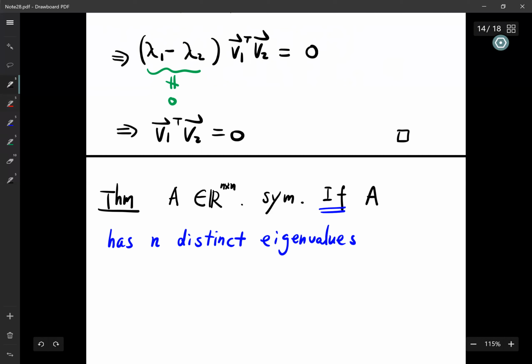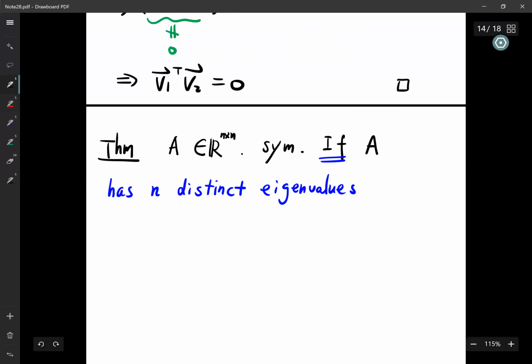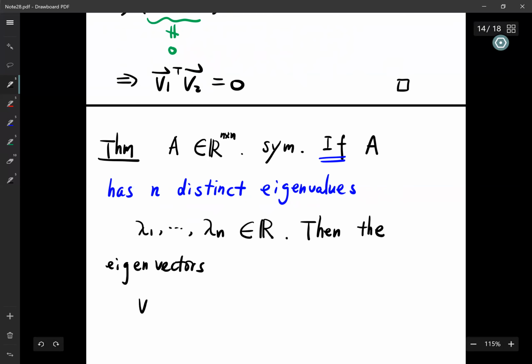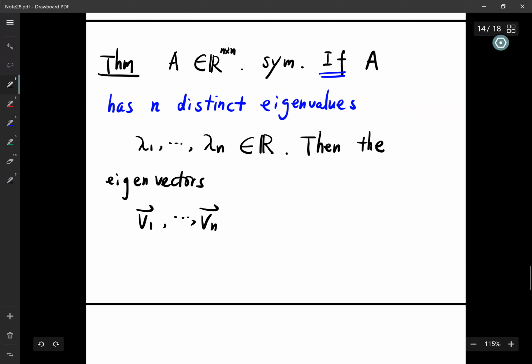I said if, I'll discuss why I said this later. So let's call them lambda 1 to lambda n. We have proved that they are in R. Then the eigenvectors, called V1 to Vn, form an orthogonal matrix.